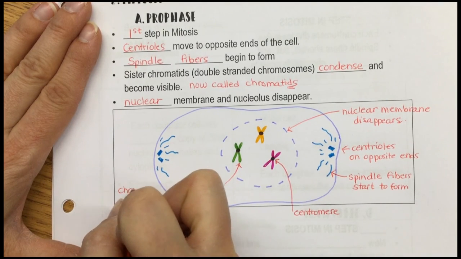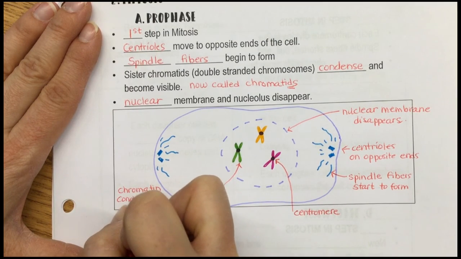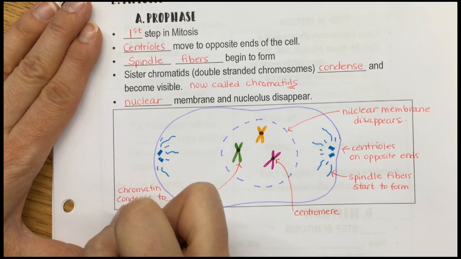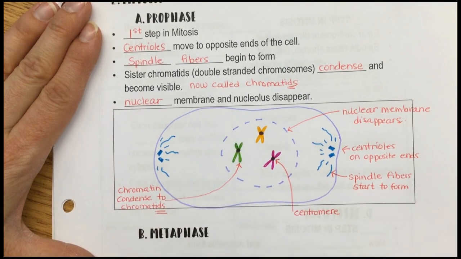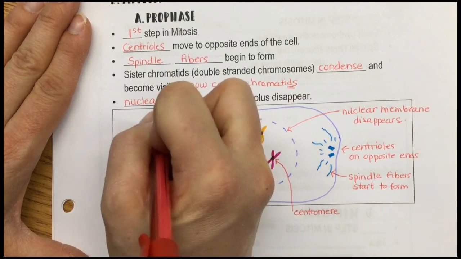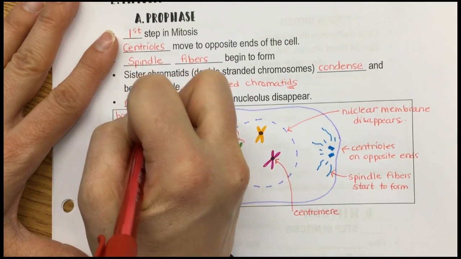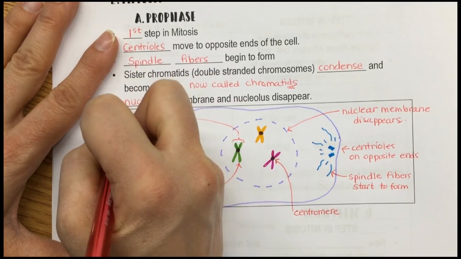So chromatin condense to chromatids. And this together is a homologous pair of chromosomes.